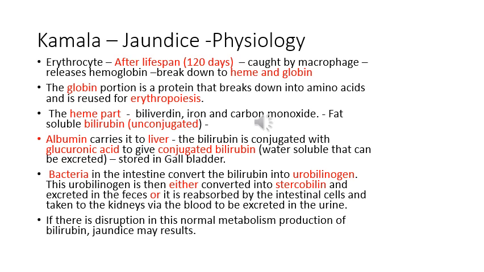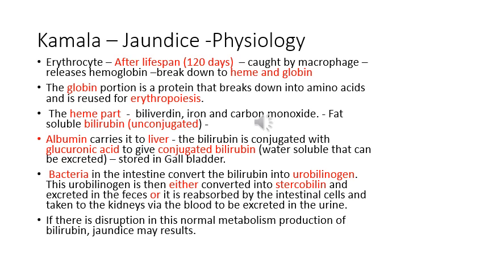Albumin connects with this unconjugated bilirubin. This unconjugated bilirubin is fat soluble, so albumin carries it to the liver, where it is conjugated with glucuronic acid to give conjugated bilirubin, which is water soluble and can be excreted.